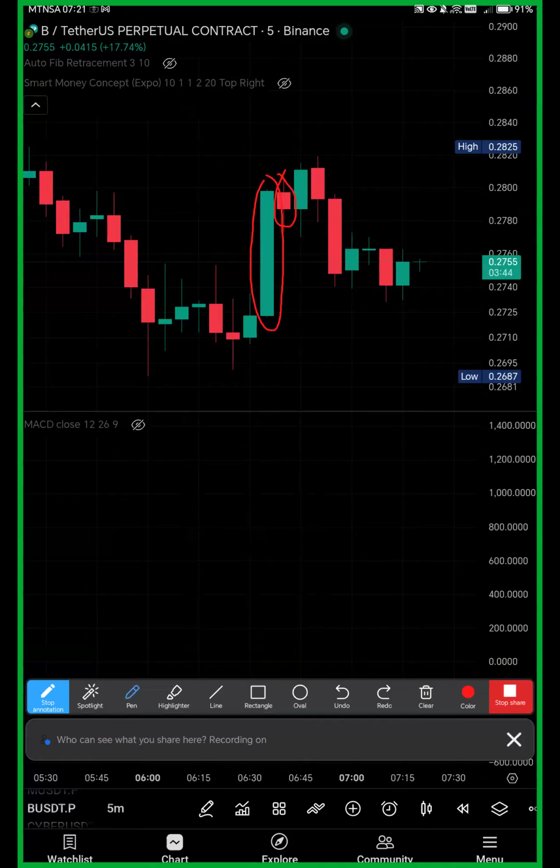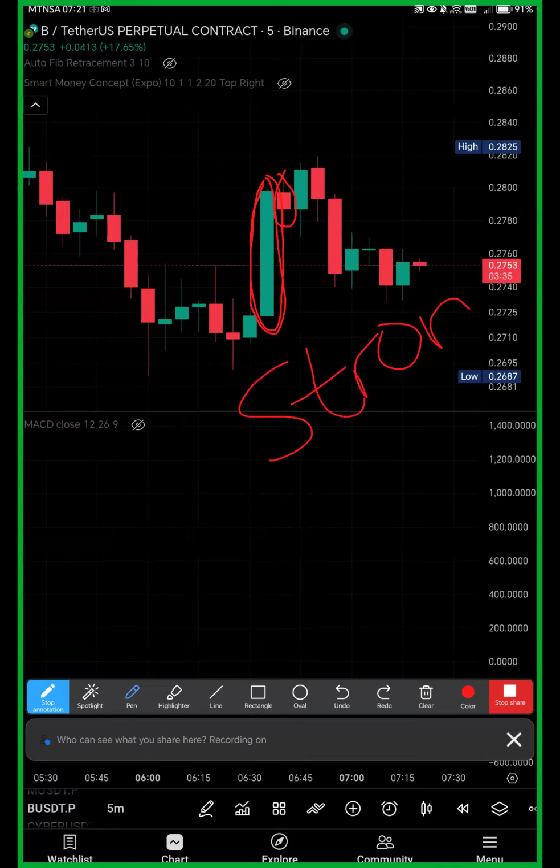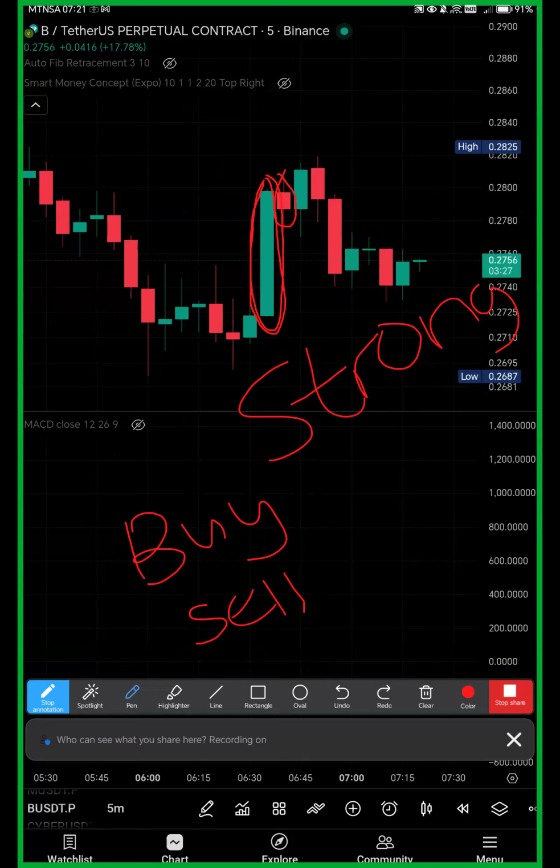A candle with a long body tells you there was strong pressure, which could be either buying or selling, depending on who dominated. Long-bodied candles give you information on how much pressure was in that session.